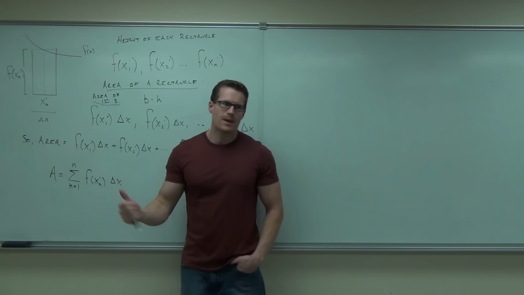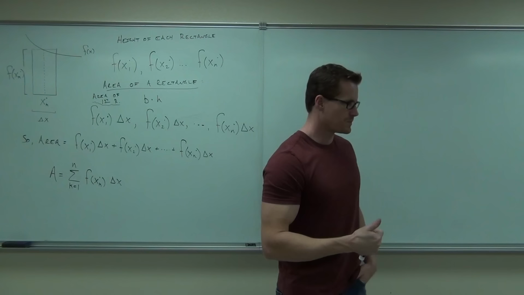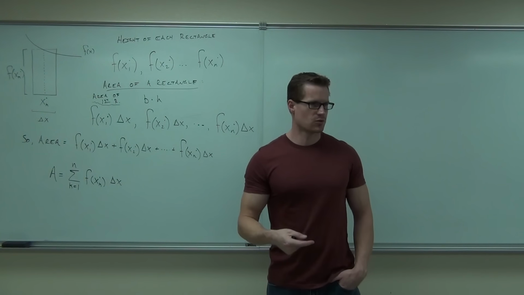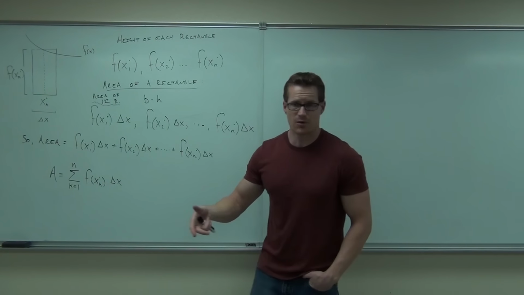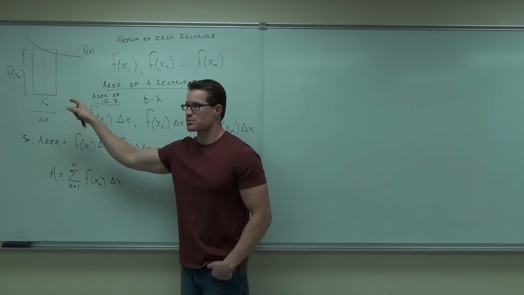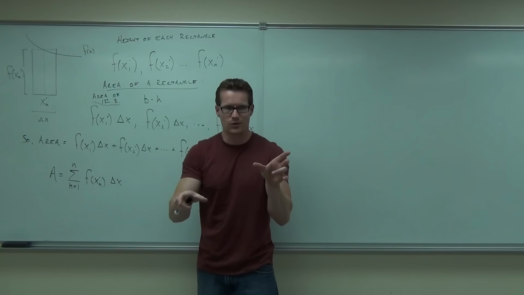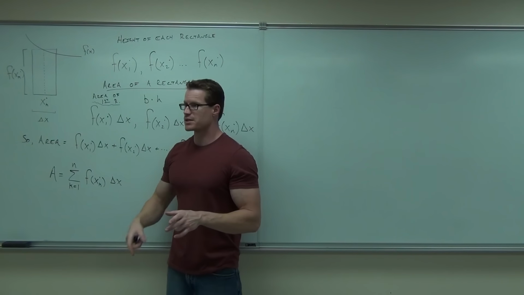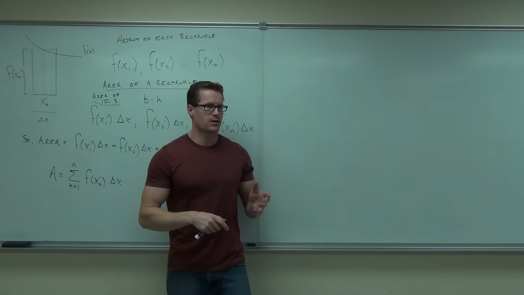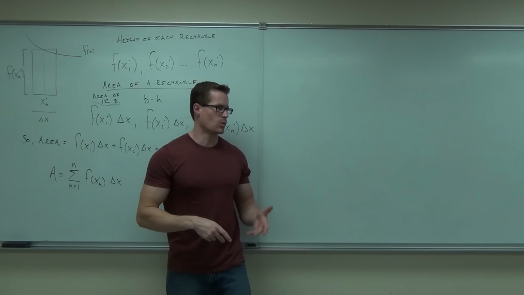What this is, that's an approximation. That's based on a finite number of rectangles. Would you agree? Because you have to have a finite number for n if you're going to do this and separate it into a certain number of rectangles, you'd stop somewhere. You'd say, okay, let's actually find this out, and you'd go from 1 to 5, or 1 to 50, or 1 to 100.